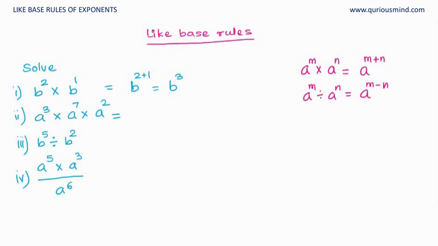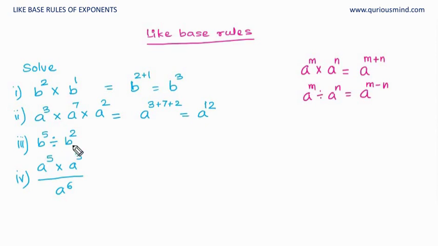Here we have exponents, we have multiplication, and we have the same base. If we have the same base, in the answer the base remains the same. So it is going to be A. Because it is multiplication, the powers get added. So it will be 3 plus 7 plus 2. And that will become A raised to 12.